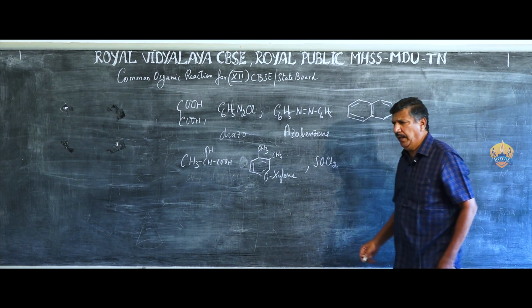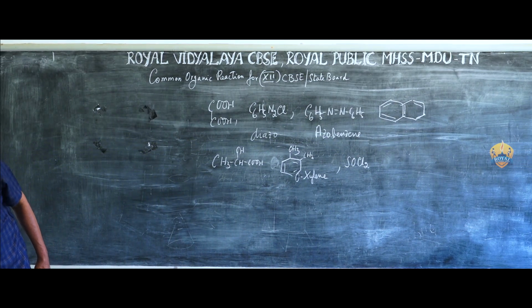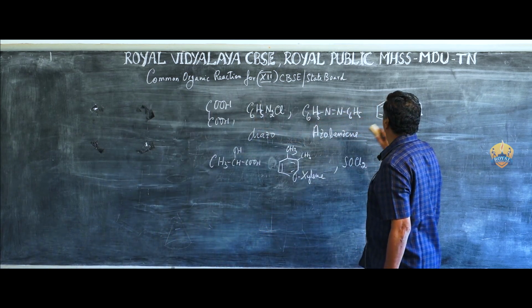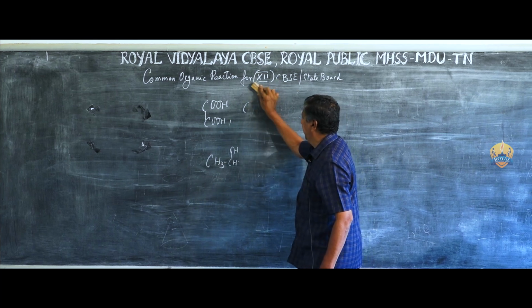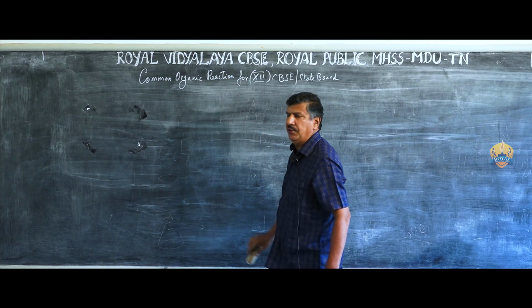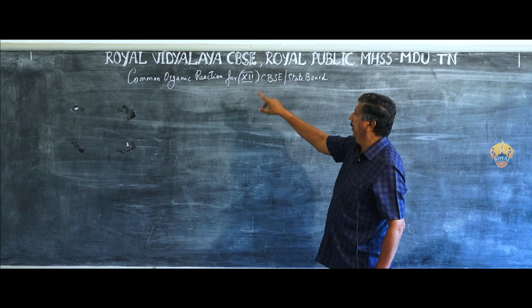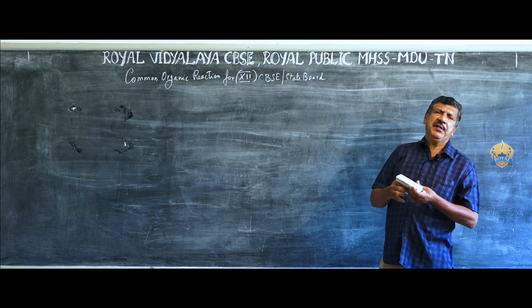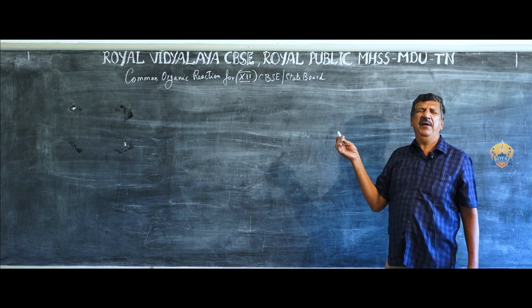Okay. Today, we are going to see the very important turning point in organic chemistry. I could say it is a turning point in organic chemistry, that is common organic reaction for 12th standard. 11th standard students do not go for this because it's very heavy.